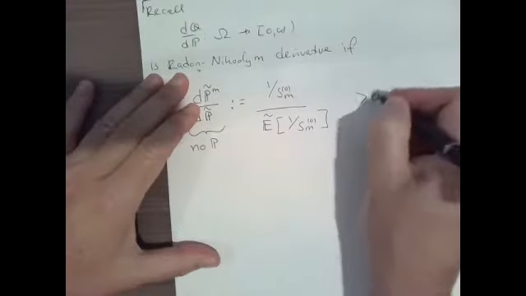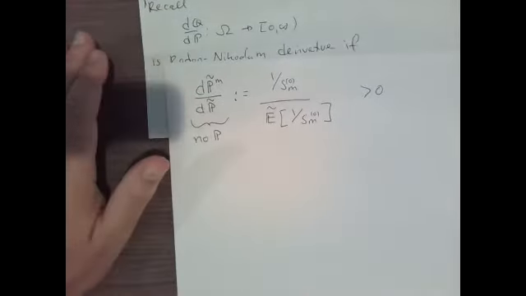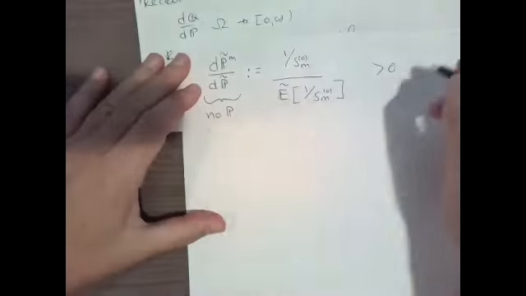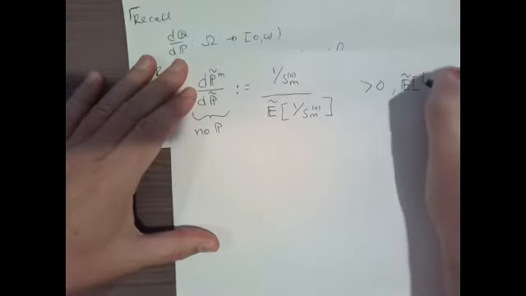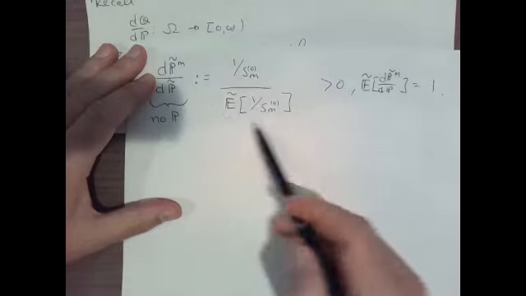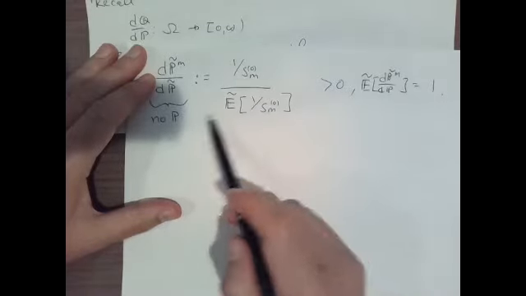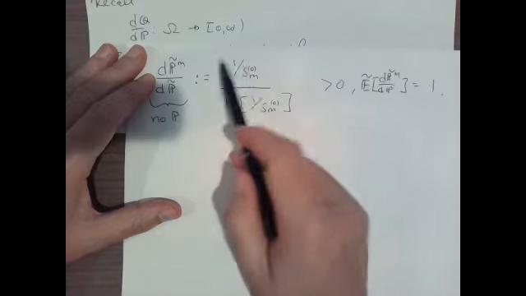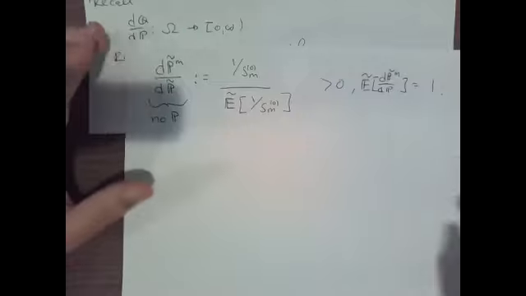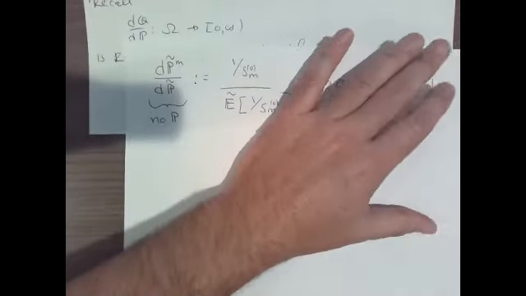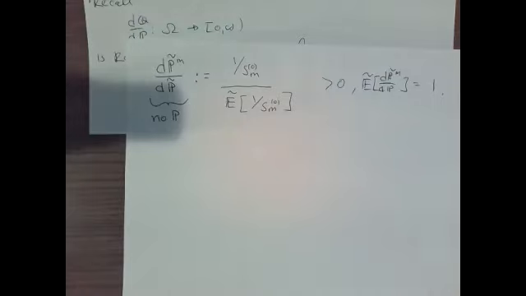So no doubt that this thing here is positive. There's also no doubt that if I take the expectation under the tilde measure of dP tilde M over dP tilde, this is going to be 1, because it's the expectation of this ratio. This is a constant, you can take it outside the expectation, and I'm left with the expectation of this guy, but that's exactly the same thing as 1 divided by it. So this is a good random variable to use for the Radon-Nikodym derivative.